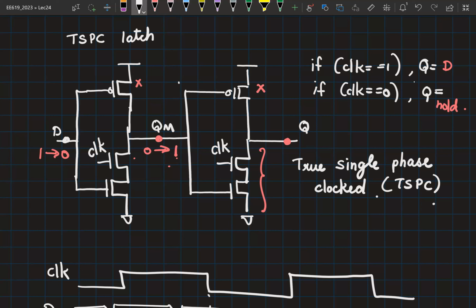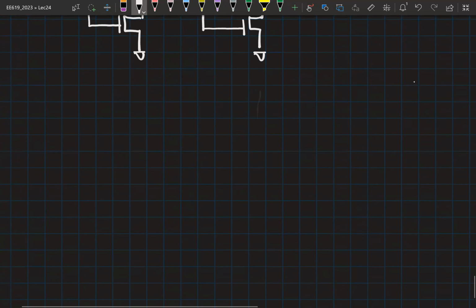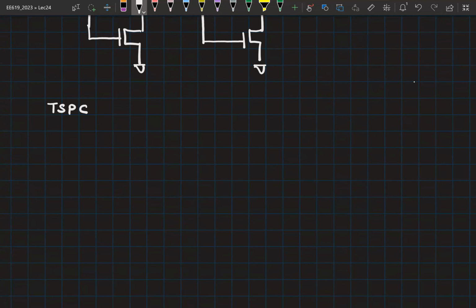Can you quickly construct a TSPC flip-flop which is sensitive to a positive edge in the clock? Okay. So please construct a TSPC positive edge triggered flop.